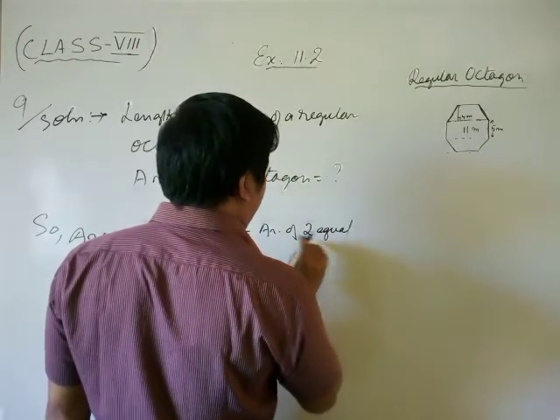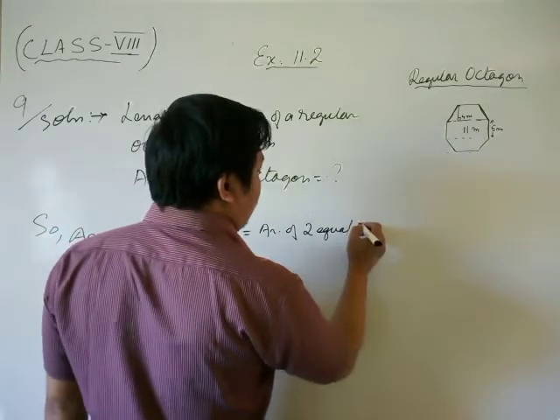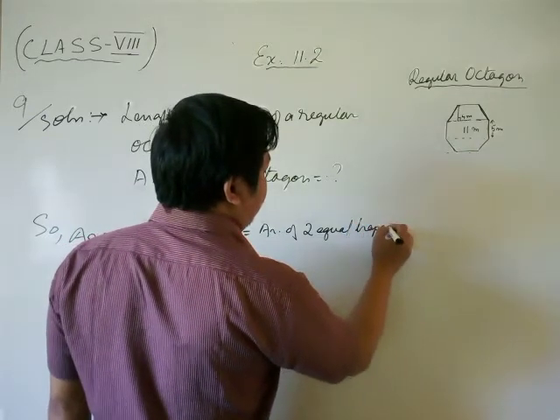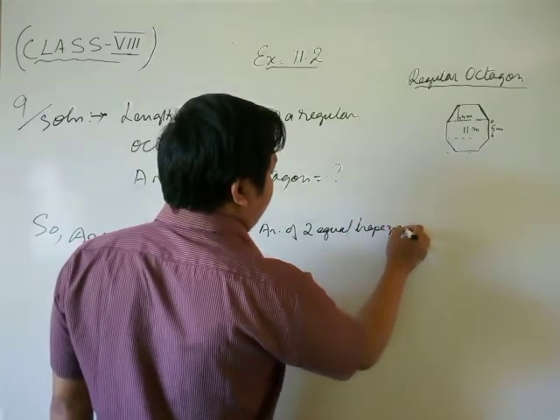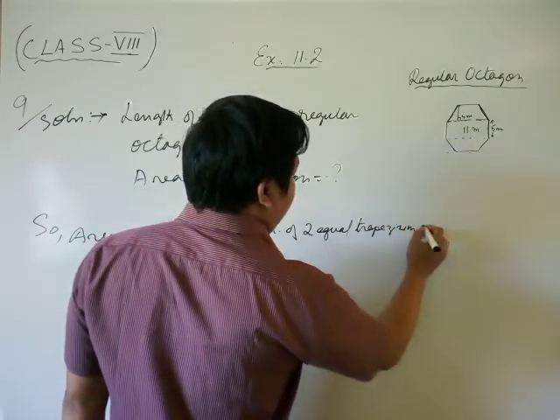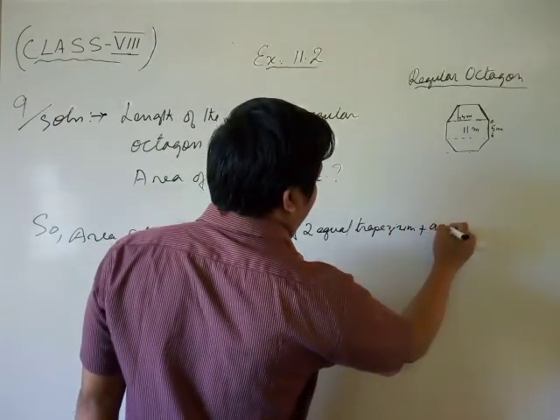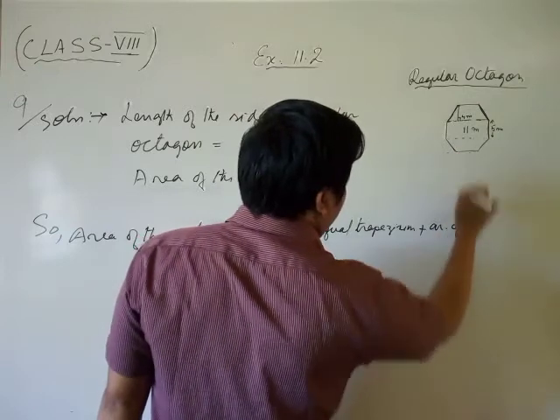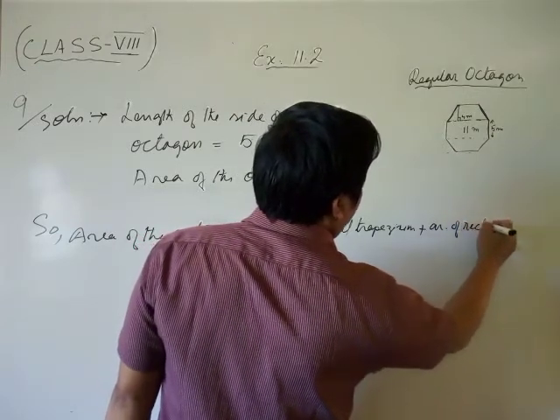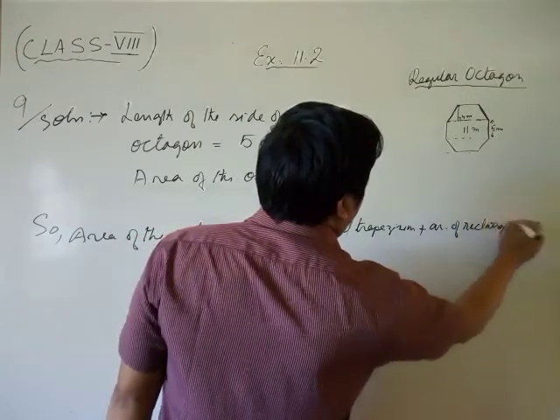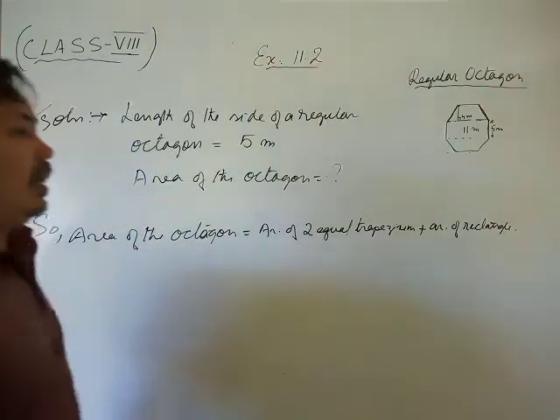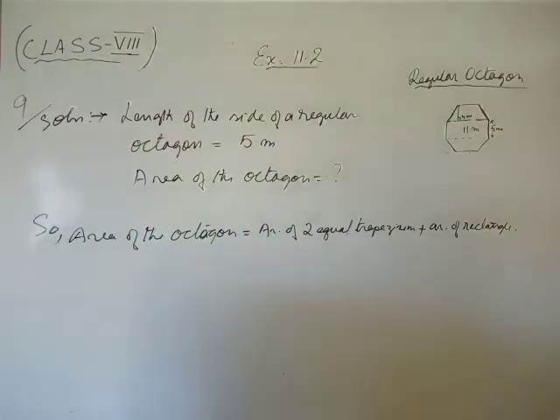Now you can see area of the two equal trapezium plus area of the rectangle. If you add this area, then you will get the area of the whole octagon. So very simple, isn't it?